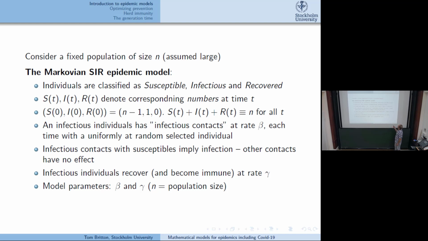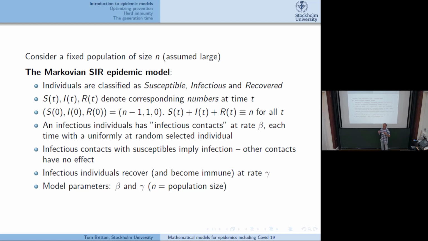Here is one, beta. You can think of it as the rate at which you have close contact with other individuals, whether you're infectious or not. But it only matters meeting people when you're infectious. So it is the rate at which infectious people have close contact with other individuals. And close contact is defined as a contact resulting in infection if the other person is susceptible.